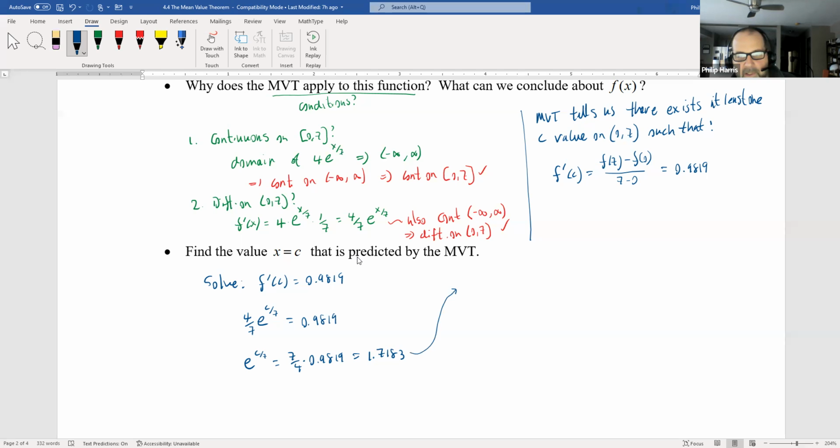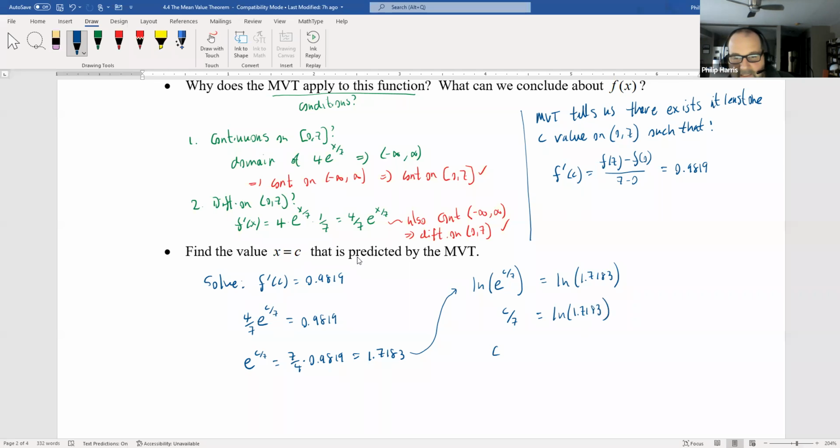So let's go up here. We can then take ln on both sides. Ln of e to the c over 7 would be ln of 1.7183. Again, ln and e undo each other. These are inverses. So this is c over 7 equals ln of 1.7183.